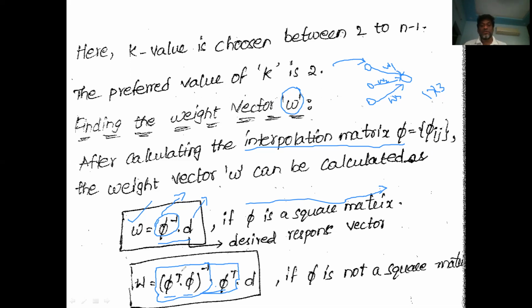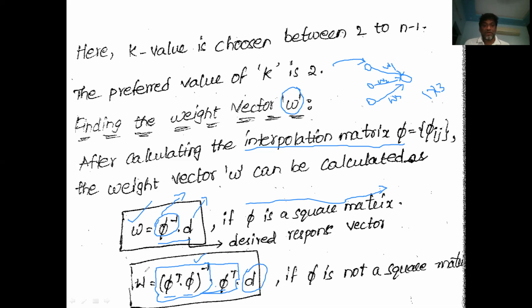Why we do this inverse interpolation is, if it is not a square matrix, then the number of columns in this matrix will not match the number of rows of this desired response vector. So we perform the inverse interpolation to convert it into a matrix in such a way that the number of columns in the result maps with the number of rows of the desired vector. That is our purpose.